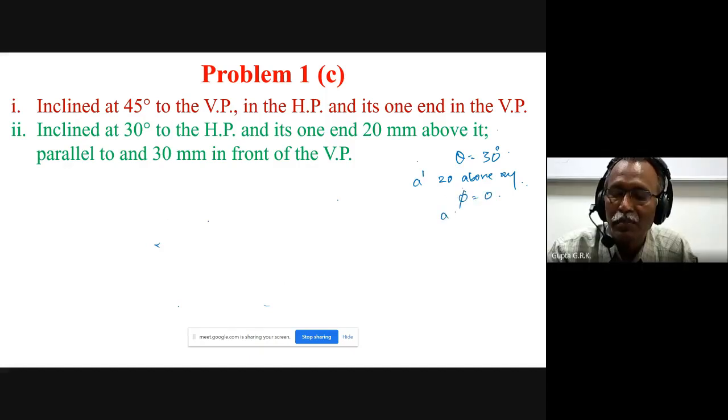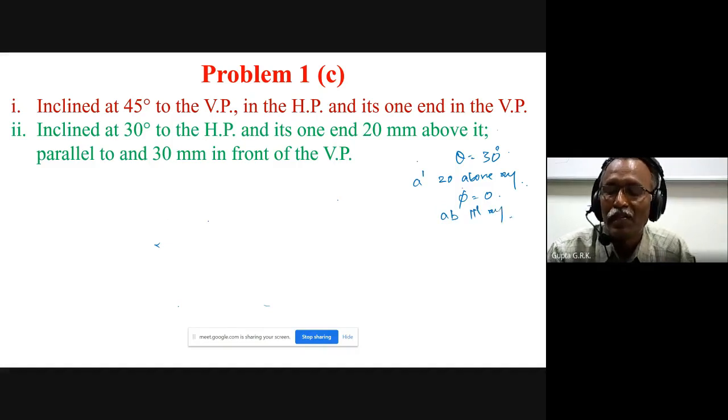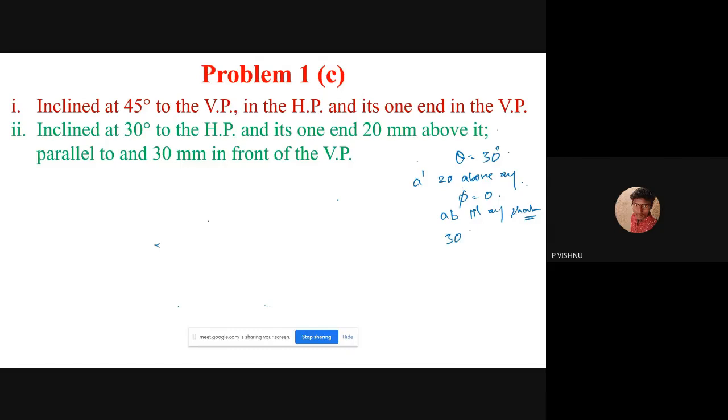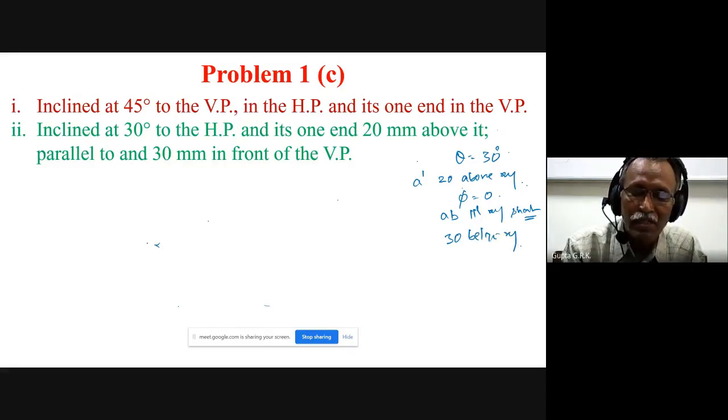That is AB parallel to XY. And this is shorter. Whichever is parallel, that is shorter. Whichever is angle, that is 75, or true length. And it is 30 mm in front of the VP. So AB is parallel to XY, and 30 in front of VP means 30 below XY. Okay. So like that I have to remember.